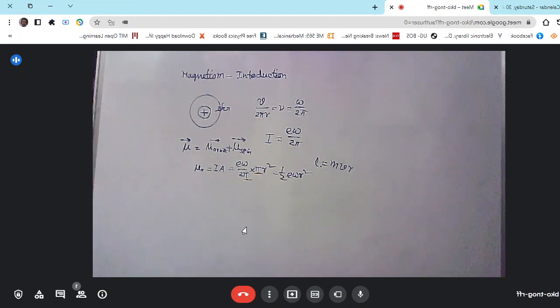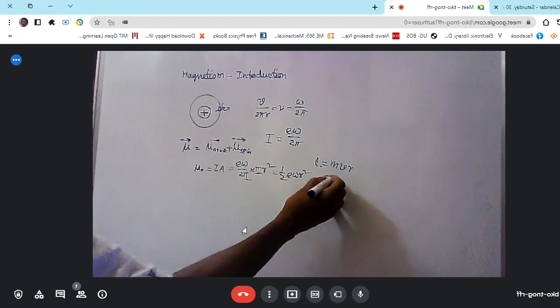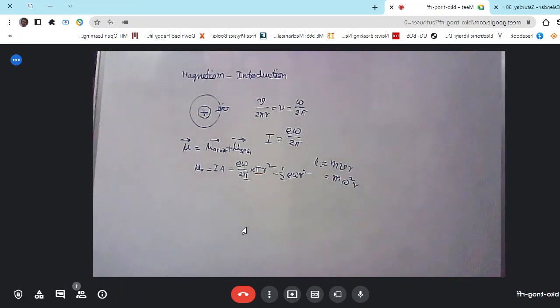Now v equals omega r, so it is equal to m omega r square.